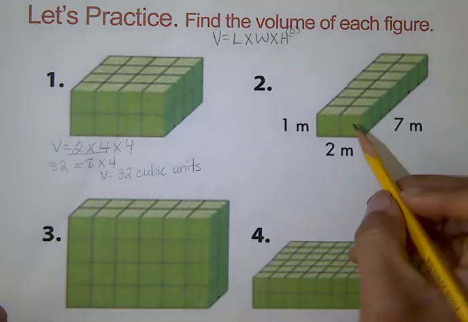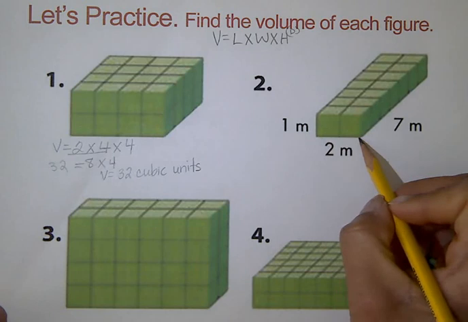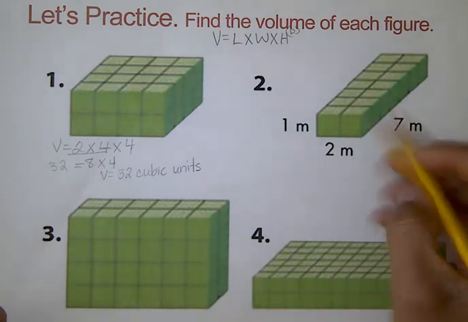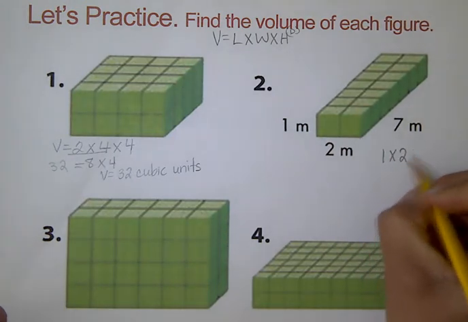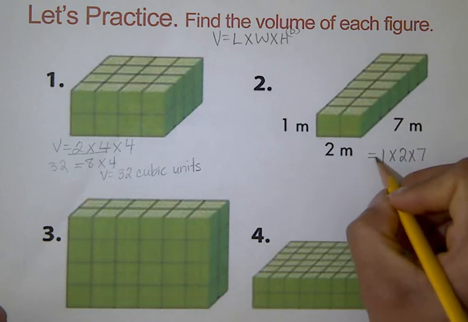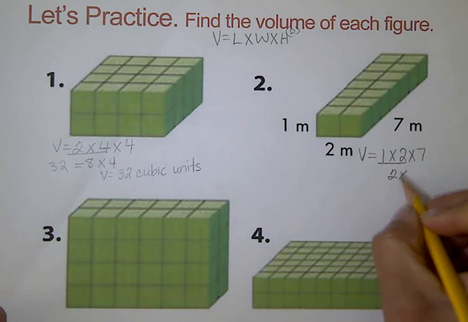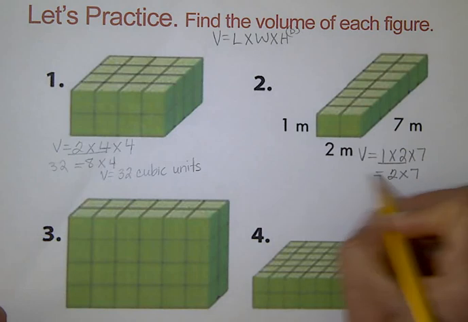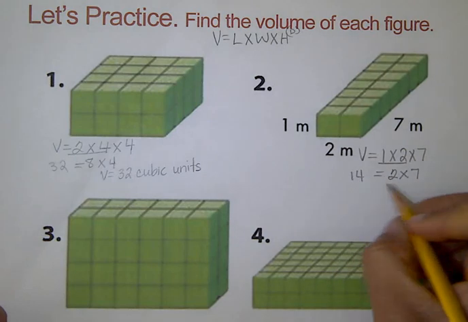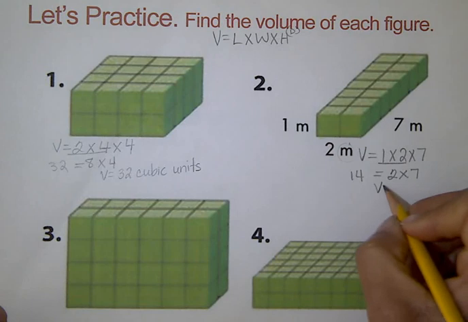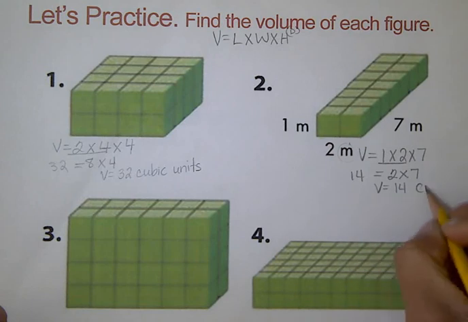All right, number 2. I have a 2, a 7, and a 1. Okay, so 1 times 2 is 2. 2 times 7 equals 14. And I know it's meters, so volume equals 14 cubic meters.